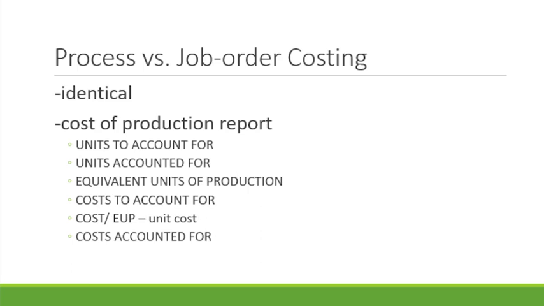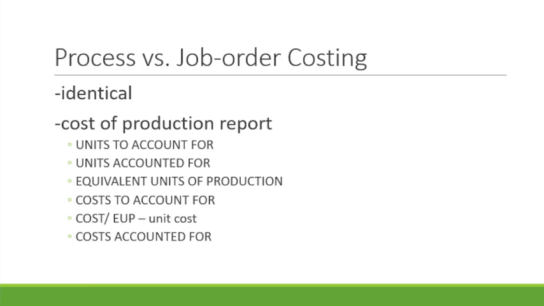Okay, how do we compute for this? The equivalent units of production started 32,500 times 6 kasi yan ay materials. Plus 2,250 plus 2,000, 32,500 multiply it to 16. 16 kasi yan yung EUP ng conversion cost.